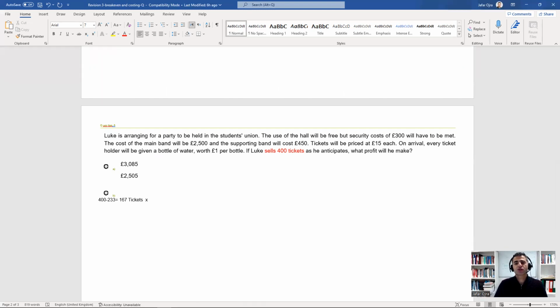Now the question asks: what's the profit? The profit would be the 167 tickets multiplied by the contribution per unit. The contribution per unit is 14, because 15 is the selling price minus £1, the variable cost per unit. That makes 14, so let's do it.